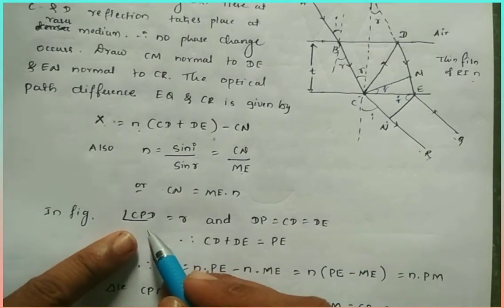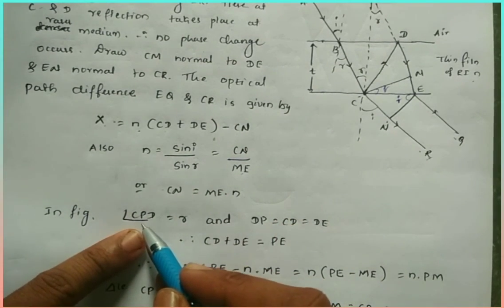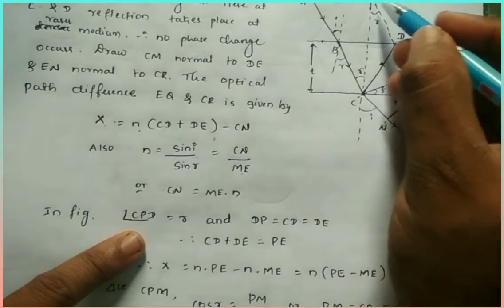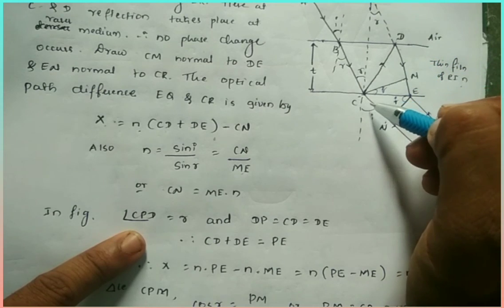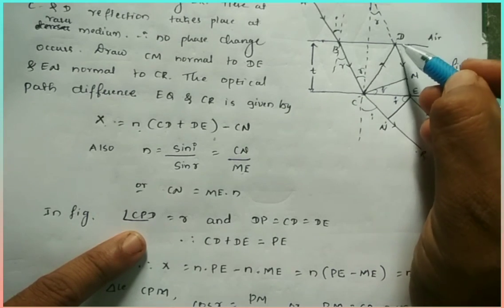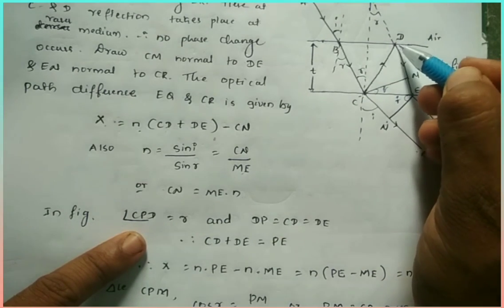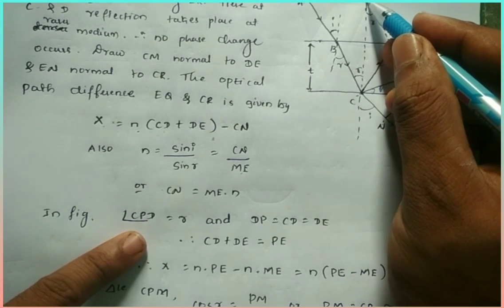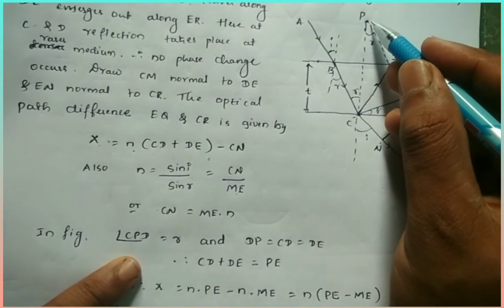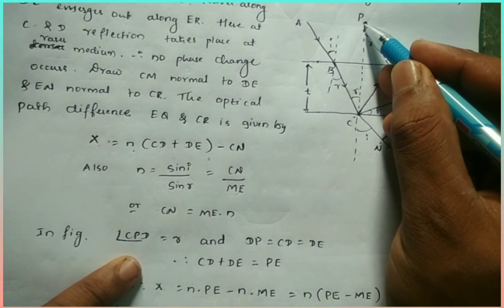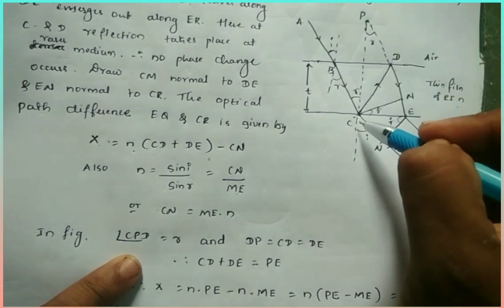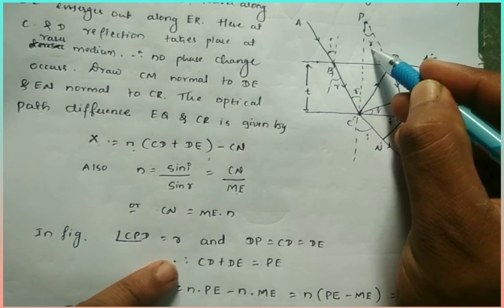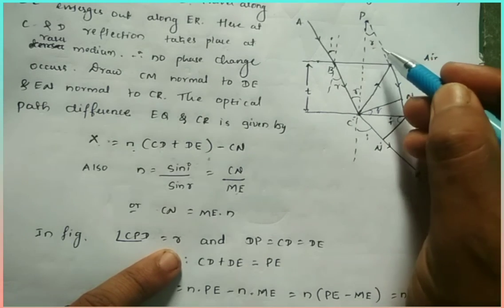Now in the figure, triangle CPD. Here we have drawn a normal and we have to emerge the D ray towards the point P. At this point the interference pattern will be formed. From the triangle CPD, this is the angle of refraction, equal to r.